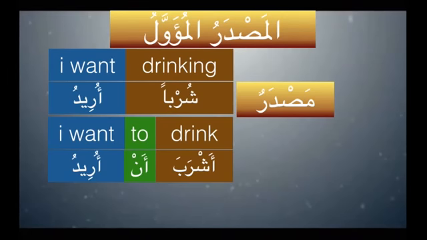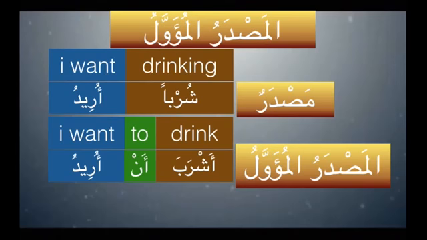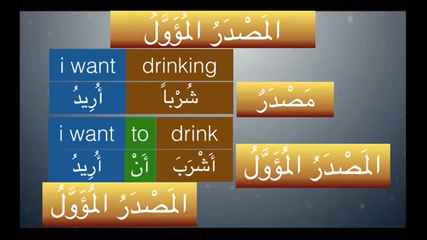It's a present tense verb, mansub with fathah, with the appropriate fa'il used. That's the difference, very specific. So this is al-masdar al-muawwal, to drink, which is an plus the fi'l mudari', that is called masdar al-muawwal.